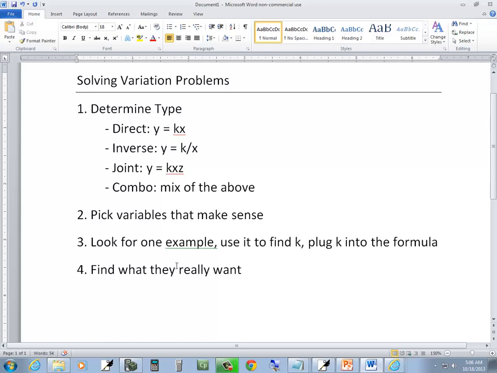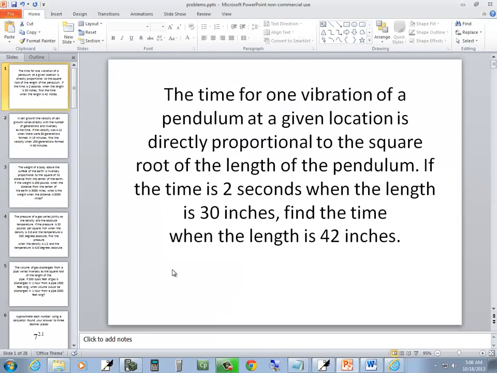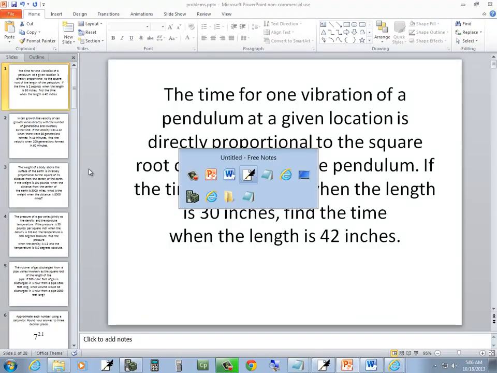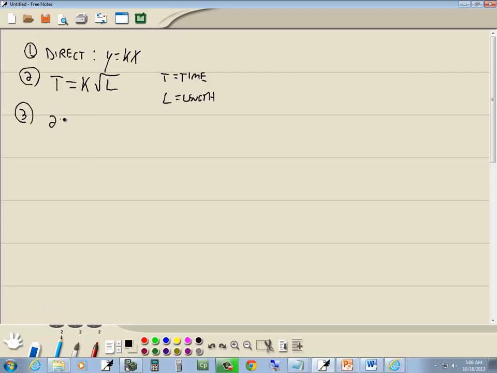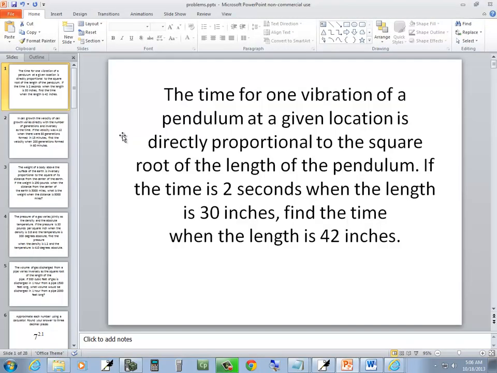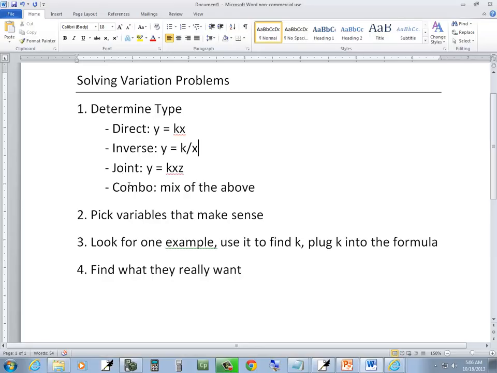Step 3, look for your one example. If the time is 2 seconds when the length is 30, so telling us L is 30 and T is 2. So T is 2, and our length is 30. Okay, so one example.